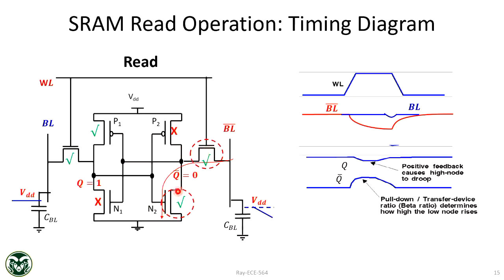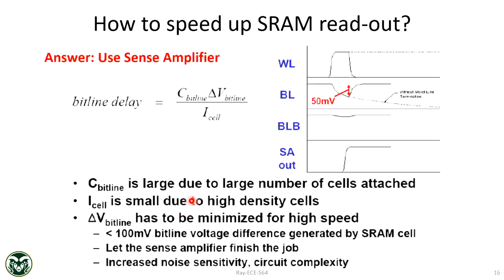You want the pull down ratio to be high, so that the NMOS can keep Q bar at 0. Read disturb is more severe, because you will be reading SRAM quite fast, and significantly more for read intensive workloads. So you don't want to upset the content.